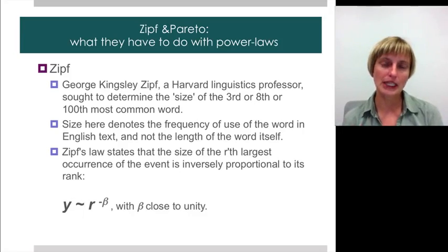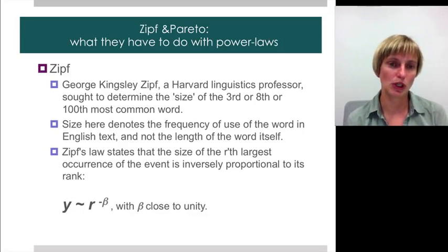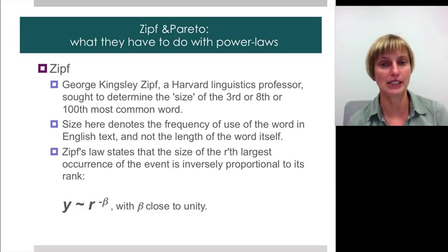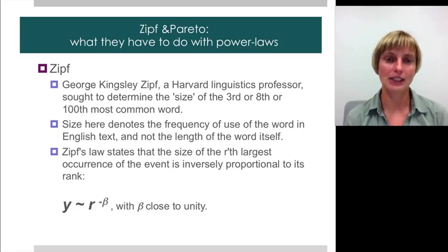But when Zipf was looking at, say, for example, the distribution of words in text or the sizes of cities, another subject he studied, he framed it in terms of the size of the rth largest city. And so he got power laws with an exponent beta.